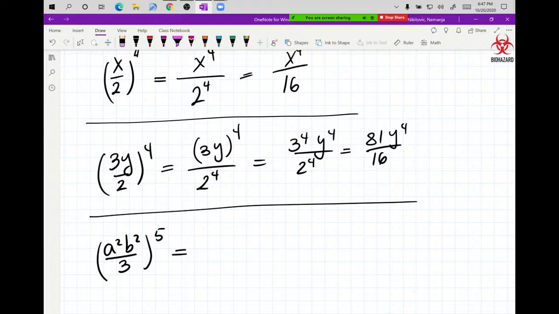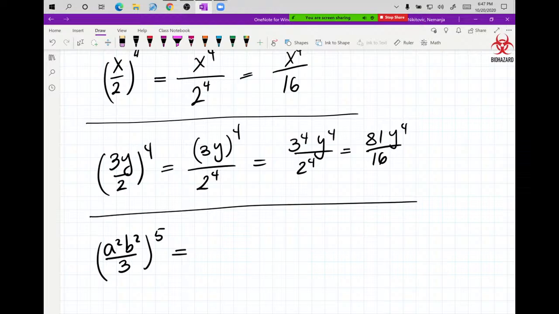So the 4 applies to 3 and applies to y, and 3 to the 4 is 81. So 3 to the 4 is 81 because, right? Wait, okay, 3 to the 4 is 81. Oh, yes, the 9 and then the 9 again is 81. Right, yes, exactly.